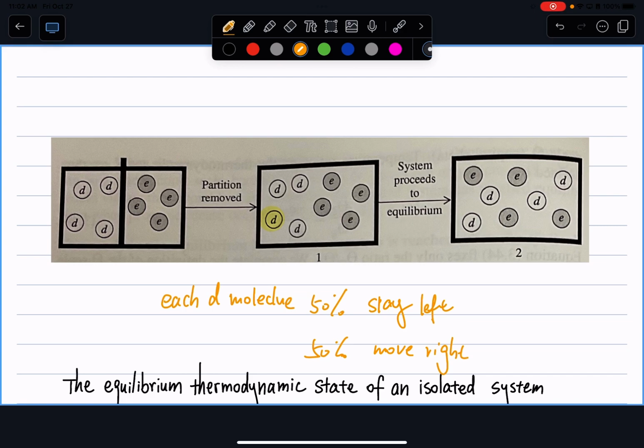When we say stay left, it can still move within that left partition, right? But there's also a 50% chance your gas molecule D can move to the right-hand side. Because of that probability, state 1 is a low probability state, whereas the state where your molecules are evenly distributed throughout the entire area is a high probability state.